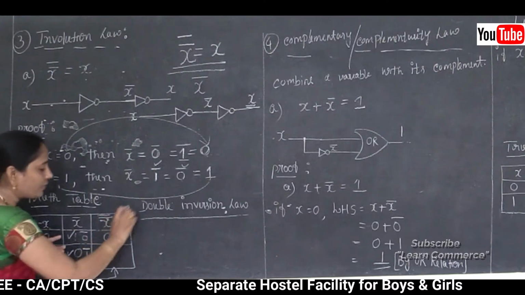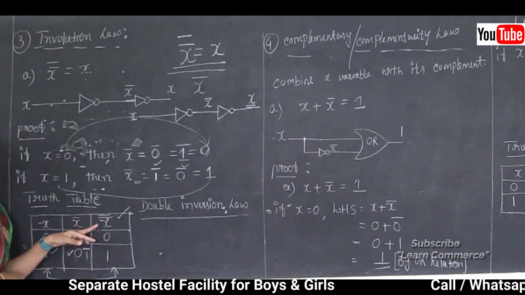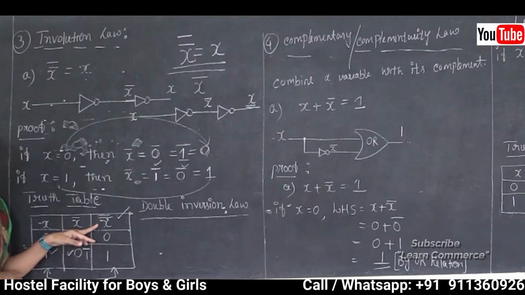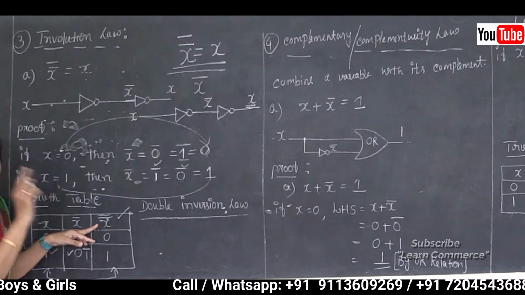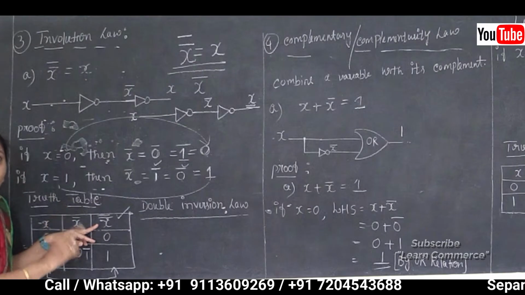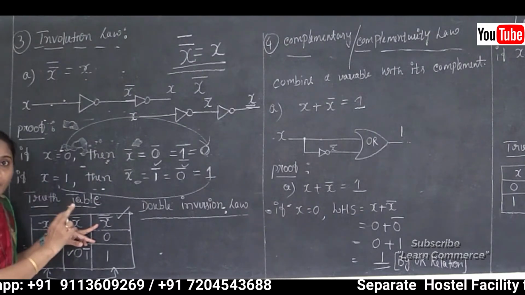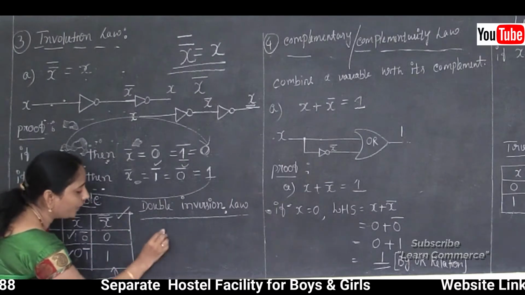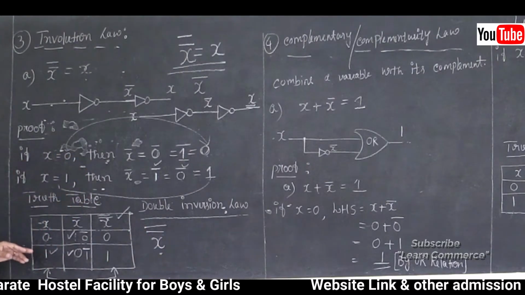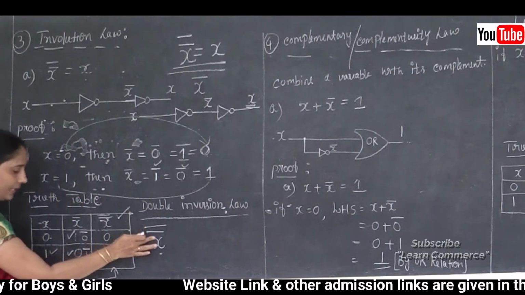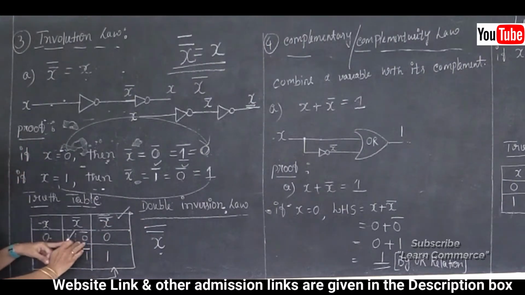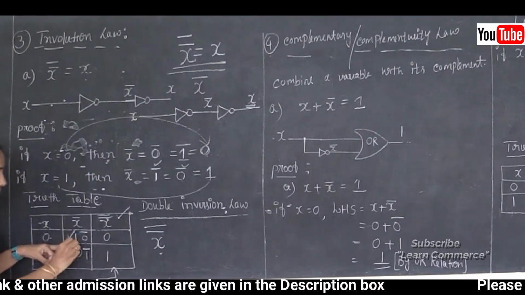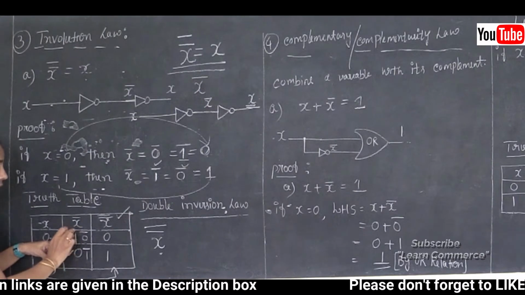Now we'll go for our third column. In the third column I wrote the variable complemented twice. So the third column represents the complement of the complement of x, that means the variable complemented twice. Clear this point here. Now we know that the complement of x value is 1.